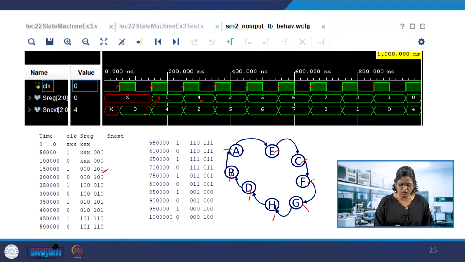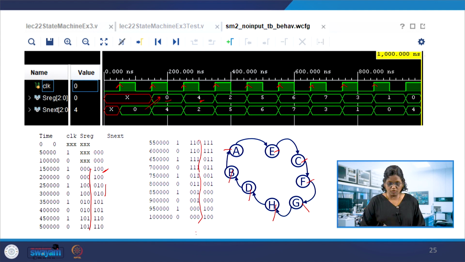So with respect to the clock edge, it moves from one state to another. The next state is the output of the next state logic, which is a combinational circuit deciding the input to the flip flop. You can observe that S reg is moving from 4 to 5, then 6, 7, and then 0.